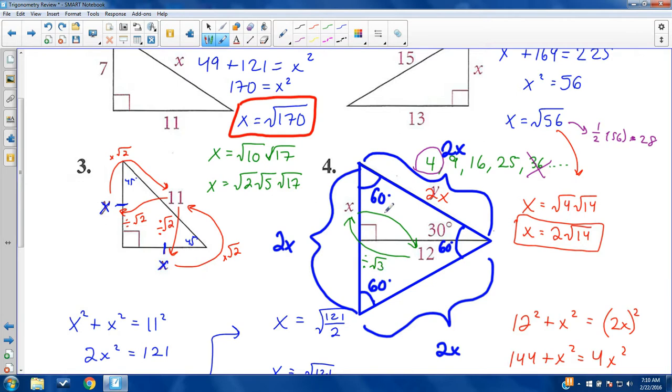Likewise, if you want to go from the short leg to the long leg, the one opposite of 60, you multiply by the square root of 3. And as you might have noticed right here, x to 2x, you would multiply this number by 2 to get there, and to go the other way back, you would divide this number by 2.